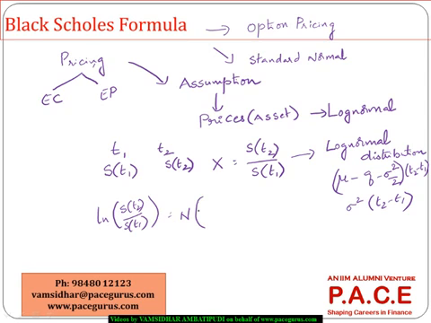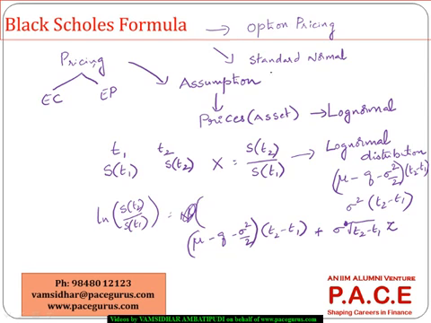So what we generally see is this, I can write it as mu minus q minus sigma squared by 2 into T2 minus T1 plus sigma into square root of T2 minus T1 Z.